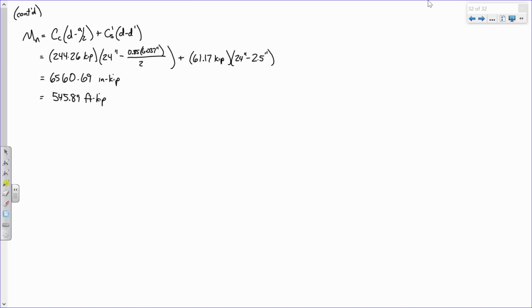And then the last thing that you do is you compute the strain in the lower layer of steel.